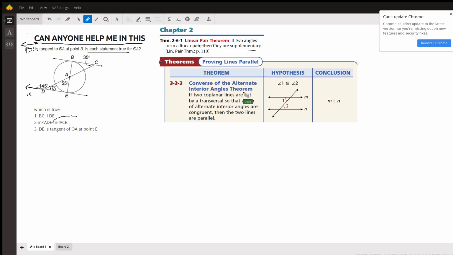Then for this converse of the alternate interior angles theorem, now your textbook, whatever you're using, might have this theorem named differently.